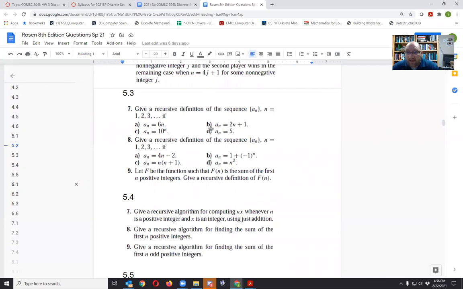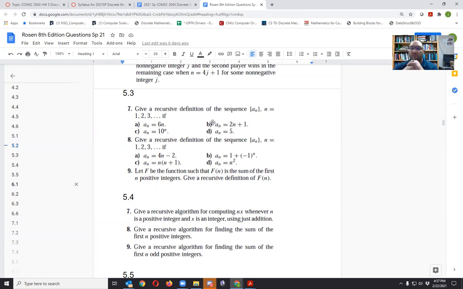Okay, B, a sub n is equal to 2n plus 1. So let's do the case of n equals 1 first. So a sub 1 is equal to 2 plus 1, which is 3. So a sub 1 equals 3.